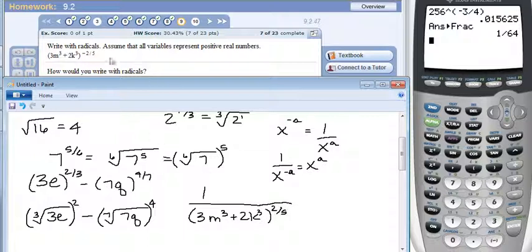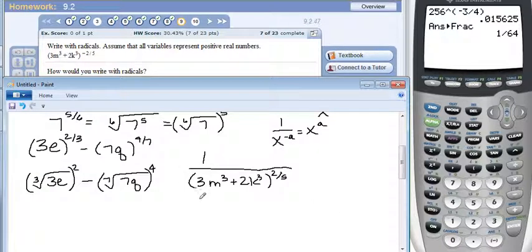What are we doing here? We're supposed to rewrite it with radicals. All right. How would you write with radicals? That sounds like a little kindergartner. How would you do this problem? Okay, so that has to stay in the denominator. Okay, we've got our radicand, that doesn't change. Let me just copy that down, right? My root is 5. I'm taking all this to the second power.